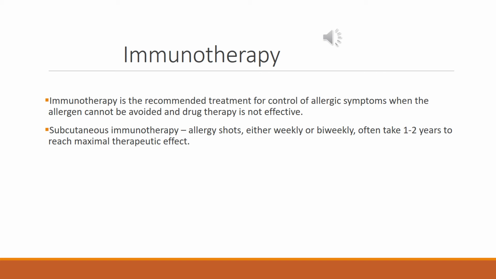The incremental increases of the allergen cause the immune system to become less sensitive to the substance, probably by causing the production of a blocking antibody, which reduces the symptoms of allergy when the substance is encountered in the future.